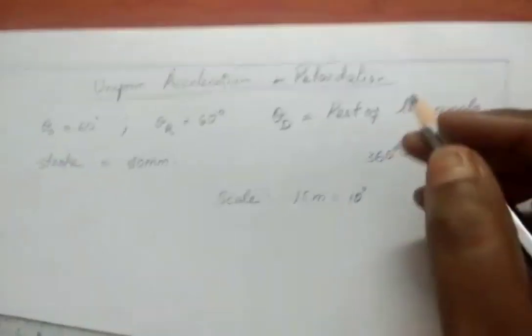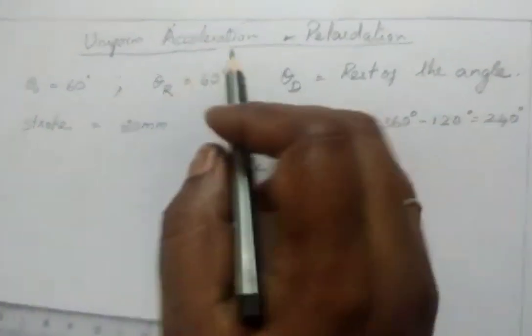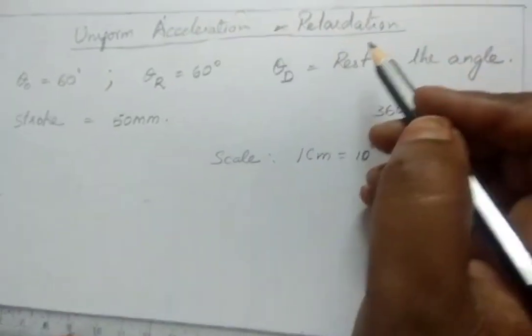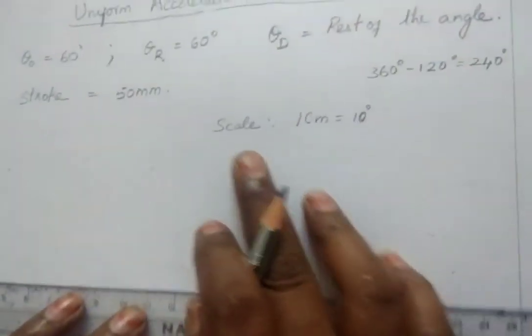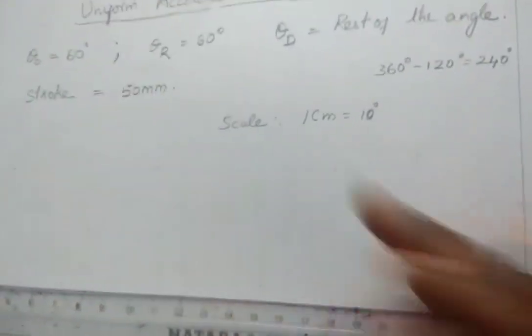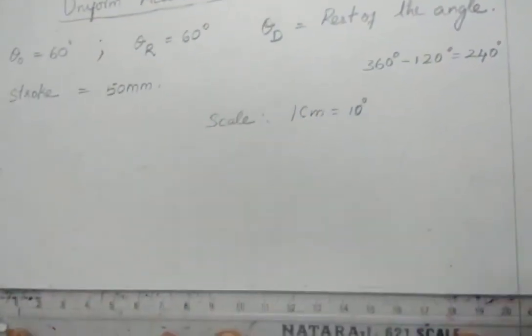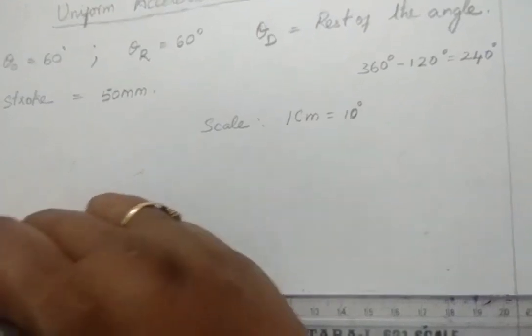Now I am starting to draw the displacement diagram for uniform acceleration and retardation motion. I have taken the scale as 1 centimeter equal to 10 degrees. Horizontally I take the cam rotation or cam angle.